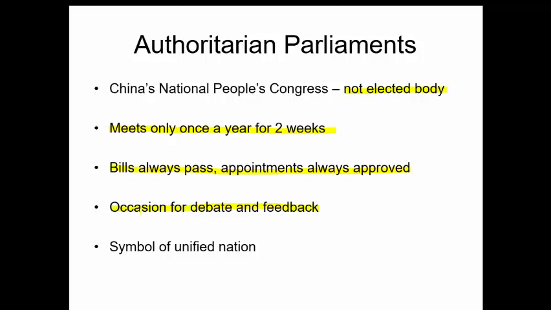Now, the authoritarian parliament also, particularly in China, provides a symbol of a unified nation. And even though there is unrest, and perhaps even growing unrest in China because of the authoritarian system, it is a fairly homogeneous culture, and if their economy continues to improve, and they feel like the leaders are making good decisions economically as far as the future of the country, they may be able to quell some unrest.